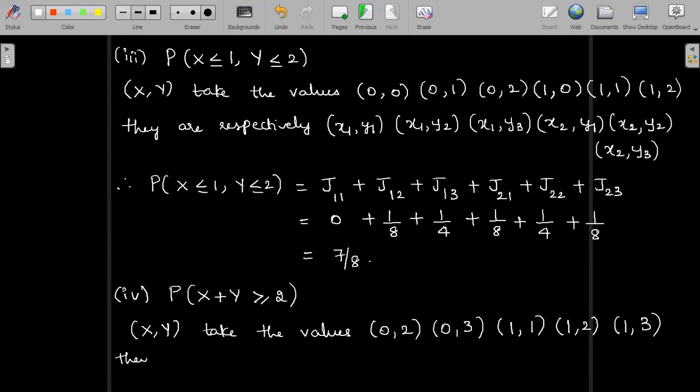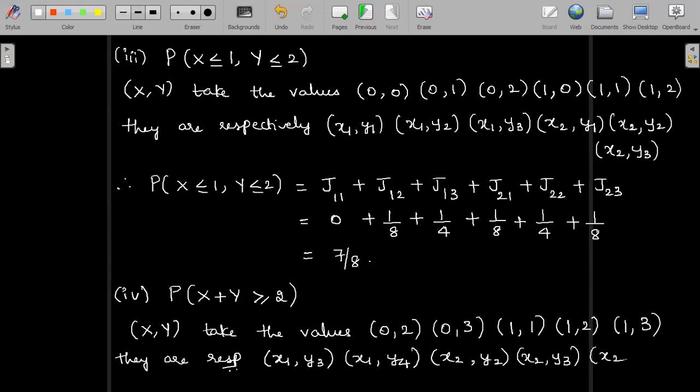So they are respectively in terms of x and y we can write down. This is x1, y3, then x1, y4. Then when x is 1, it is x2, y2, x2, y3, and lastly it is x2, y4. The same can be written in terms of the sum jij.